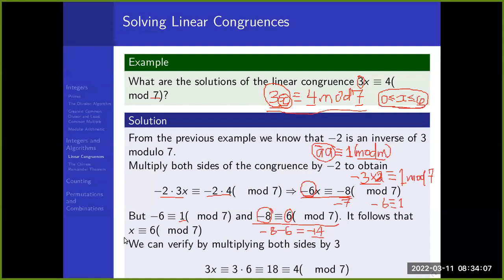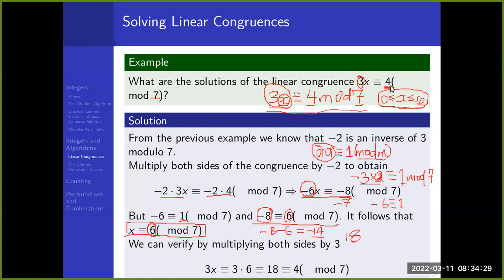So now my equation becomes x is congruent to 6 modulo 7. And now I found the value of x that I'm looking for, 6. So you can verify: if I multiply 3 times 6, I will get 18, right? And clearly 18 is congruent to 4 modulo 7.